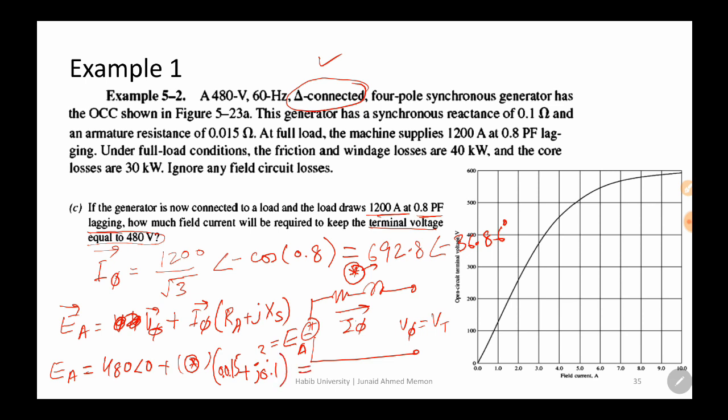So this is just a substitution. If you substitute these values, you'll get around 532 angle 5.3. So this is what you should get from this, 5.3 degrees.